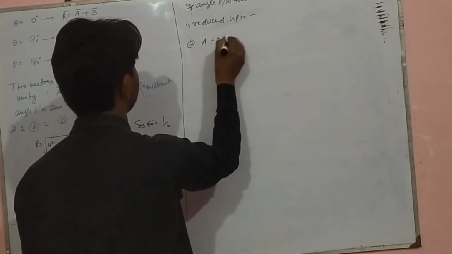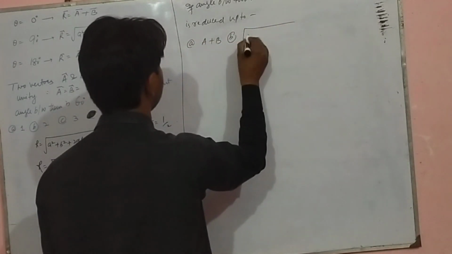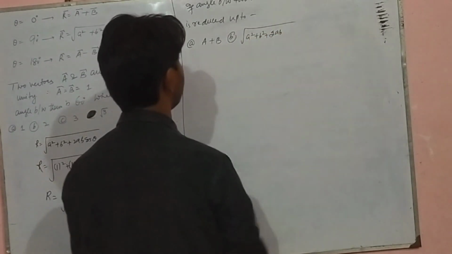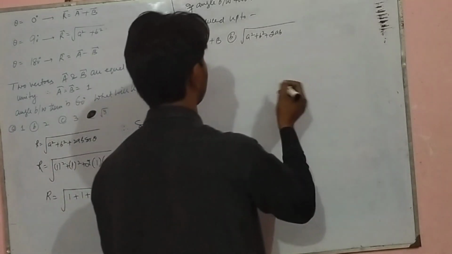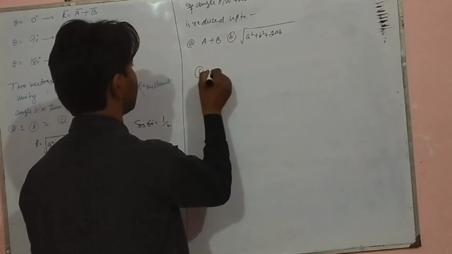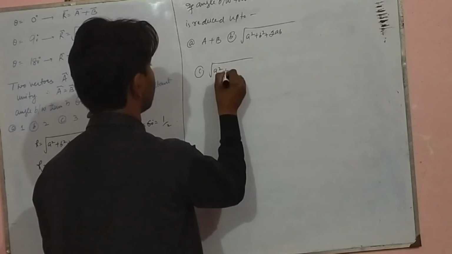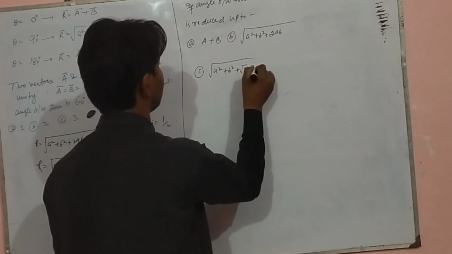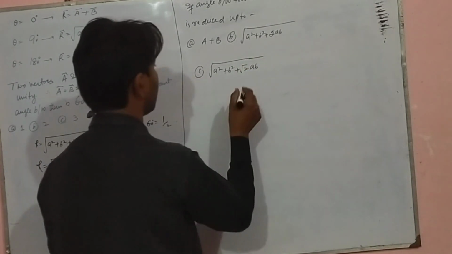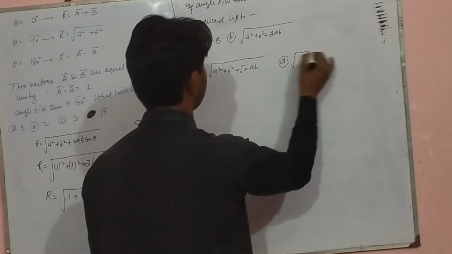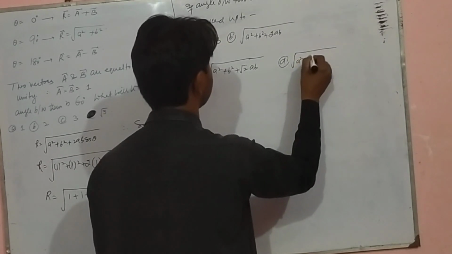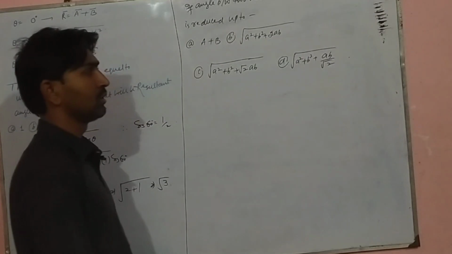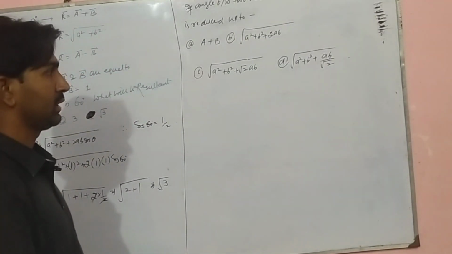Option A, a plus b. Option B, a square plus b square plus 2ab. Option C, a square plus b square plus under root 2ab. Or option D, a square plus b square plus ab over under root 3. So what will be the correct answer?